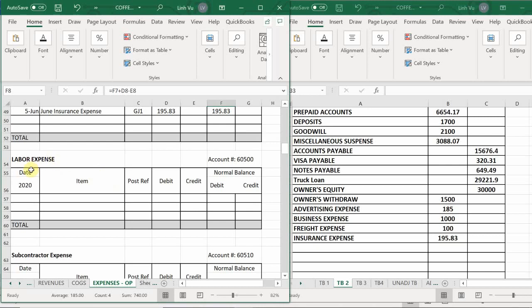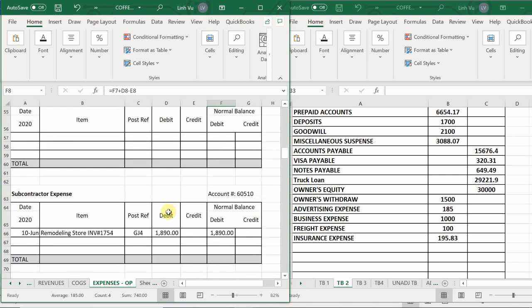Labor expense, we don't have any in the main account, but we do have it in the sub account.